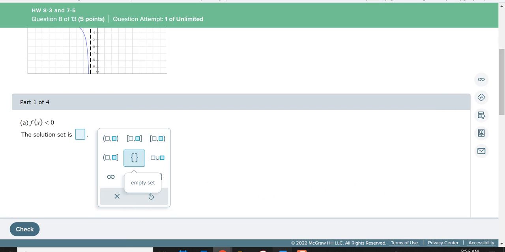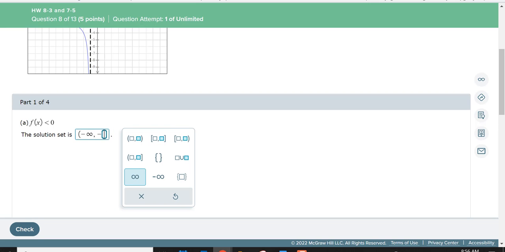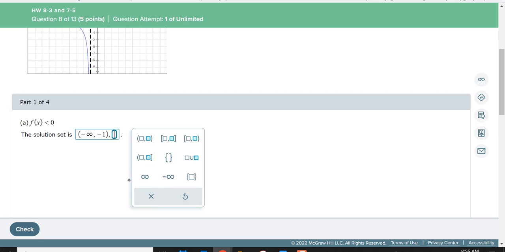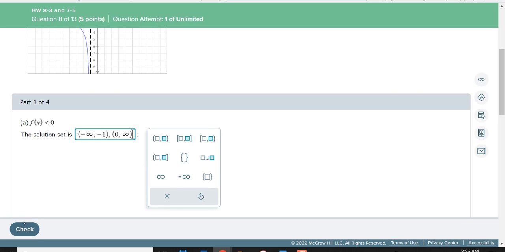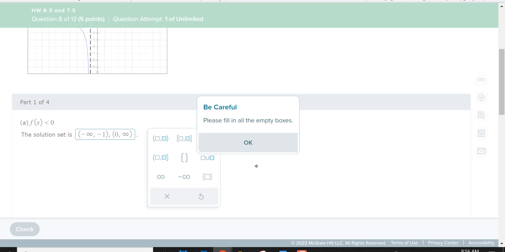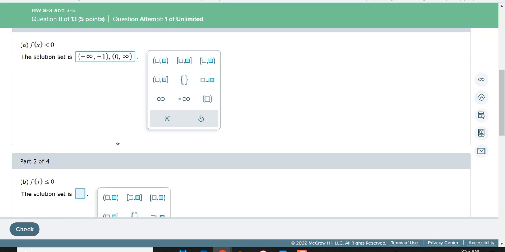The solution set would be negative infinity to negative 1, and do you have a union? And then 0 to infinity. Let's see if it takes that. Fill in all the empty boxes.